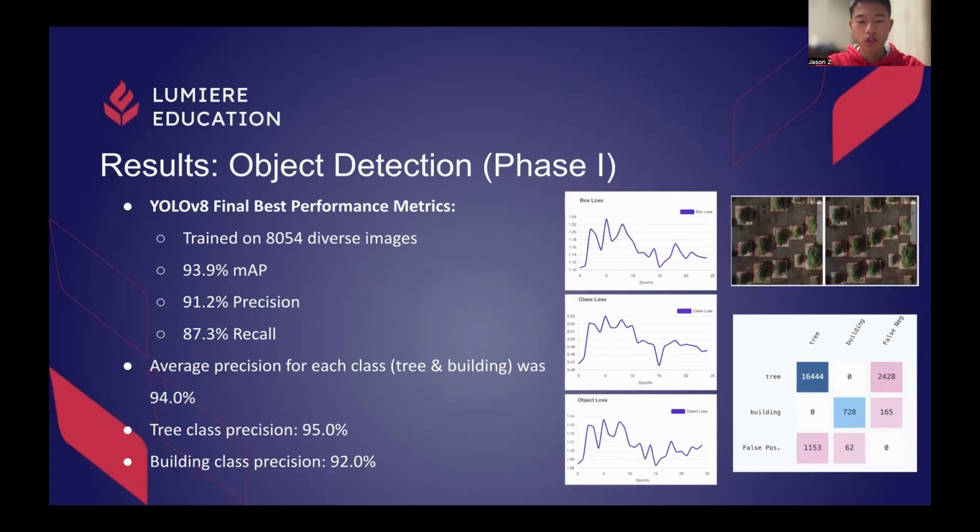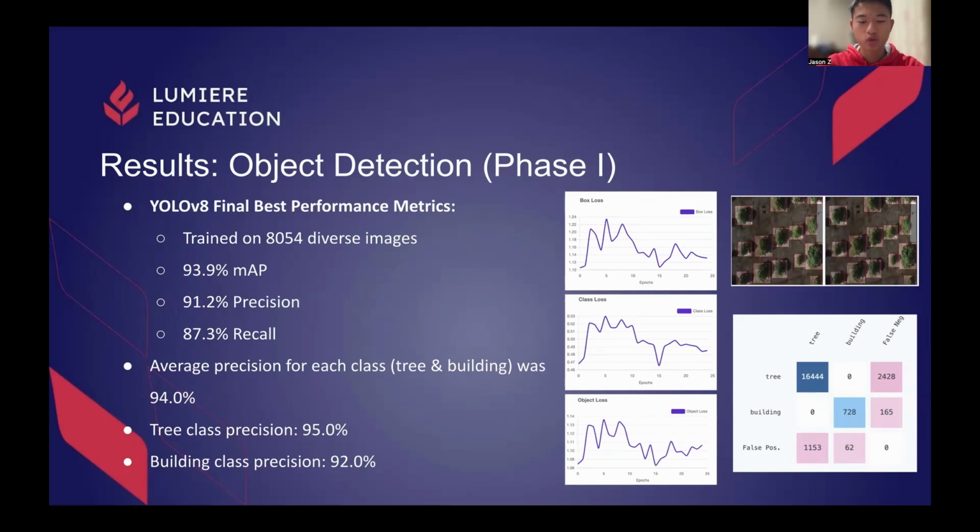Having covered the fusion logic and system workflow, we can now turn to the performance results, beginning with object detection. The YOLO V8 object detection model was trained on 8,054 aerial images, including diverse concentrations of trees, buildings, and terrain types.